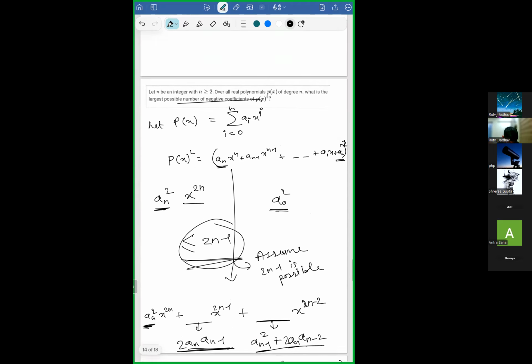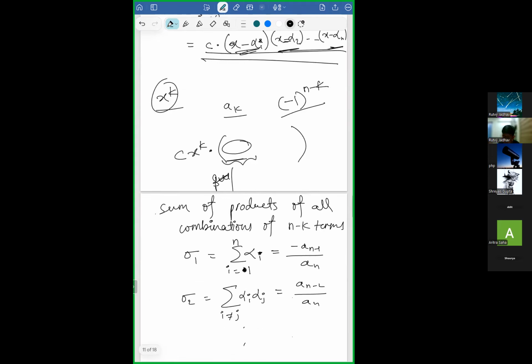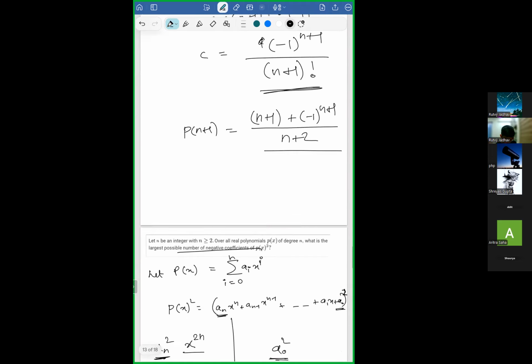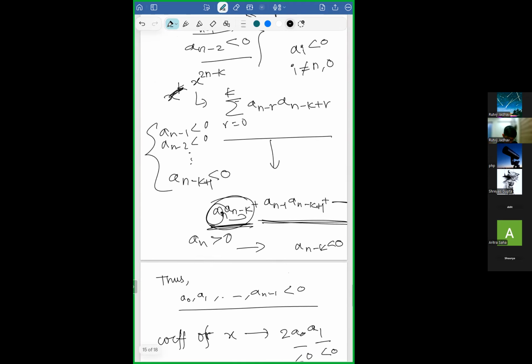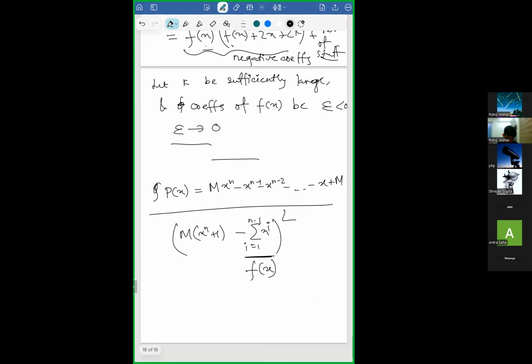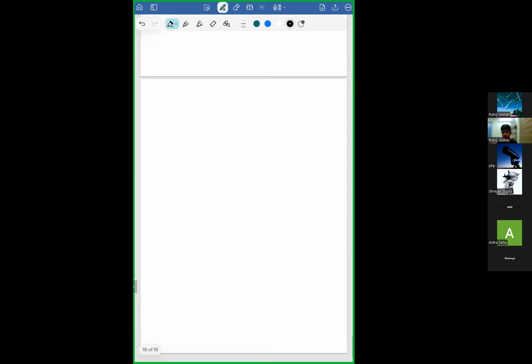Now let's see, 15 minutes. I don't think we can do a full problem. Okay, I'll do one concept known as Lagrange interpolation, and after that we can see if we can do one problem. We'll see.